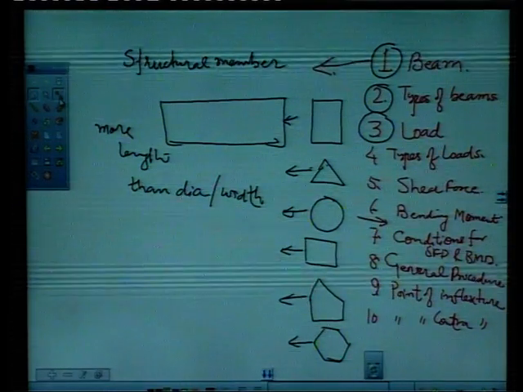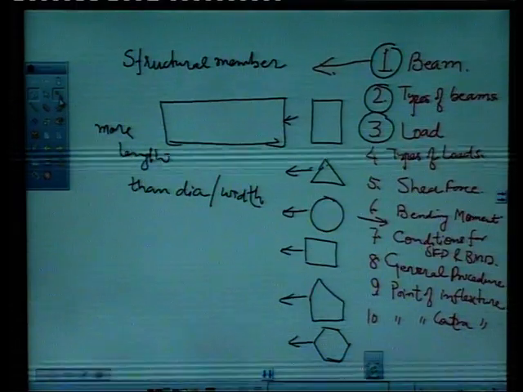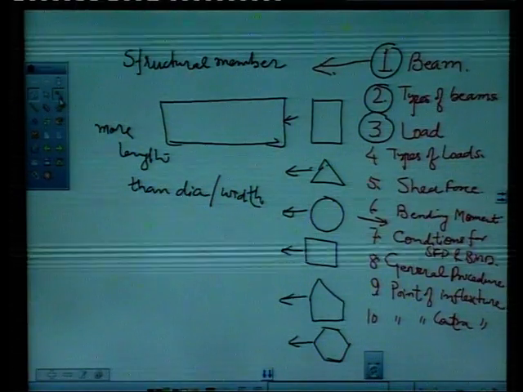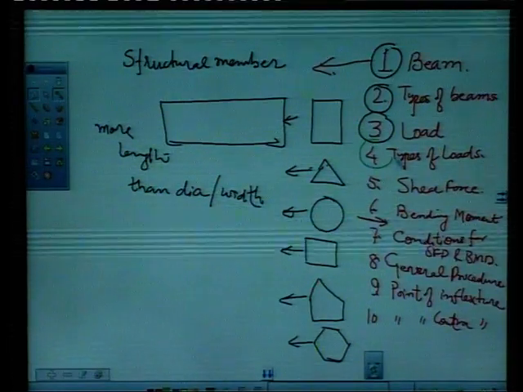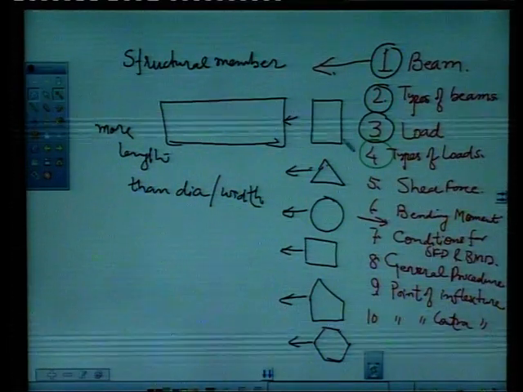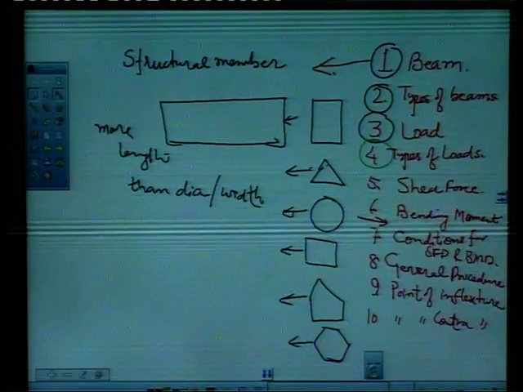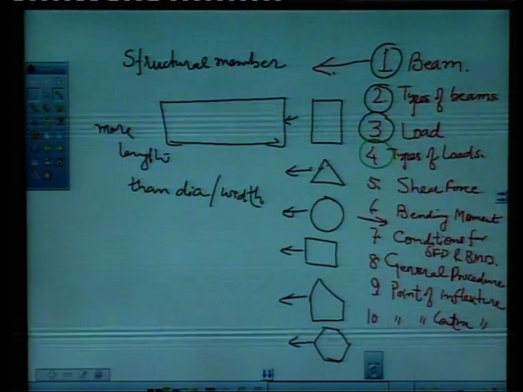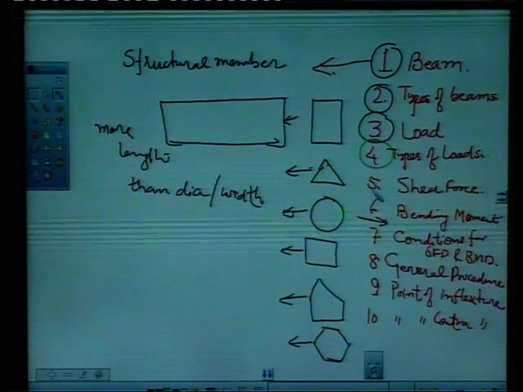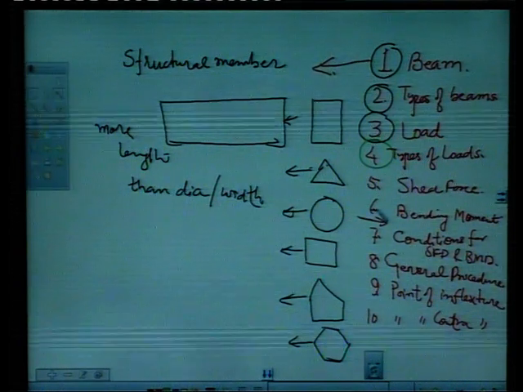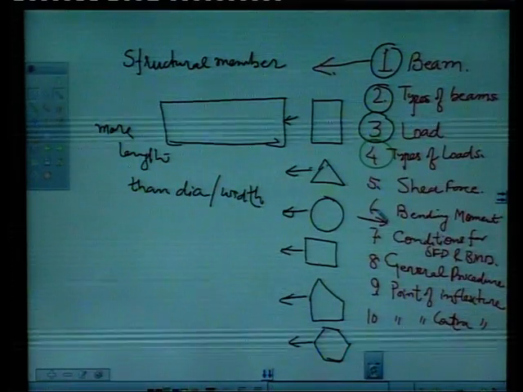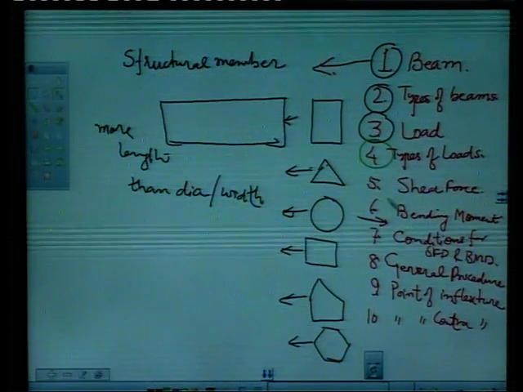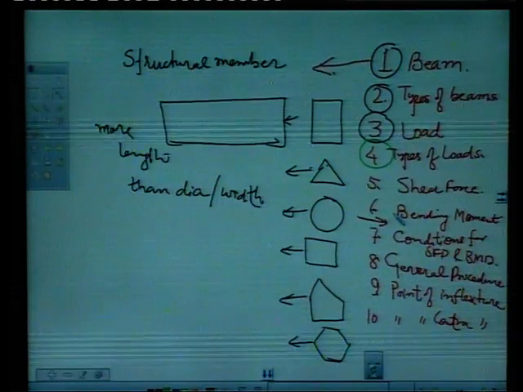We are coming here, we have discussed what is a beam, we have also discussed the different types of beam, we have discussed the load and the different types of loads. Now we are in a position to discuss what is shear force and what is bending moment, number 5 and number 6, in detail.